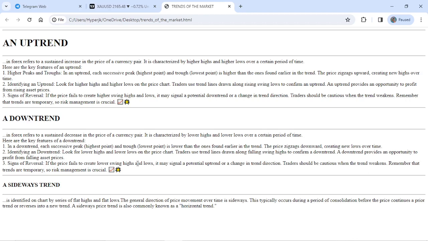So you have to be cautious of a weakened downtrend, because once a downtrend comes to an end, price will start to create new highs and new lows. That means higher highs and higher lows, which is definitely what an uptrend is defined as. Okay, so you remember that no trend is permanent.